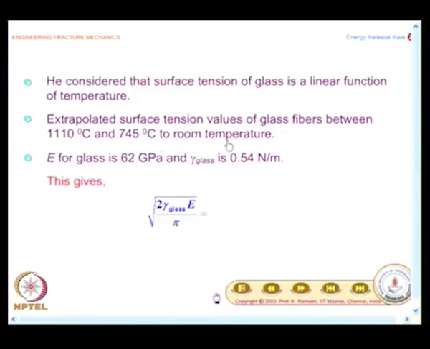From that exercise, he could estimate the surface energy of glass as 0.54 Newton per meter, and E for glass is about 62 GPa. When you evaluate this expression, root of 2 gamma glass into E divided by pi gives you 0.15 MPa root meter.